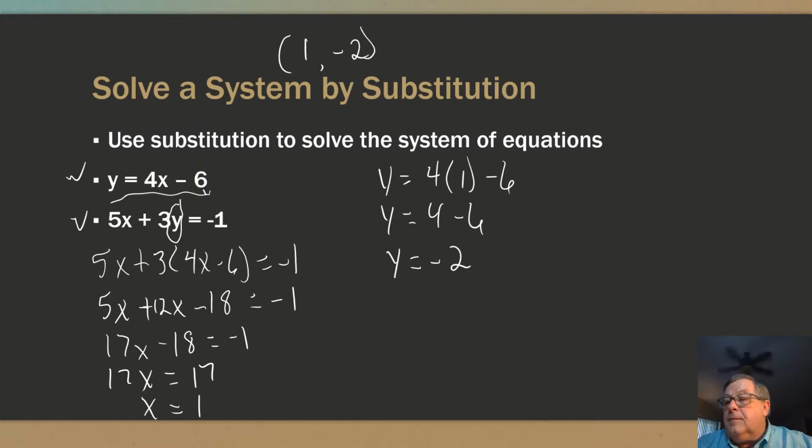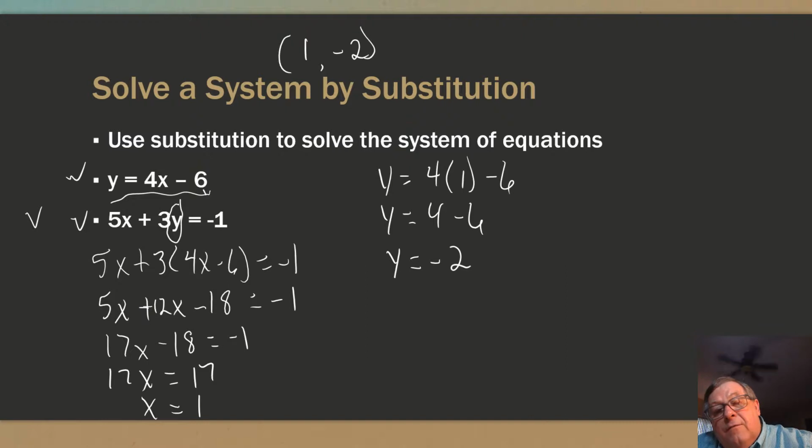Now, particularly if you're testing, you want to check your solution. And so I'm going to take the second equation here, and I'm going to substitute in 1 for x and -2 for y, and see if that's going to equal -1. So let's go about that.